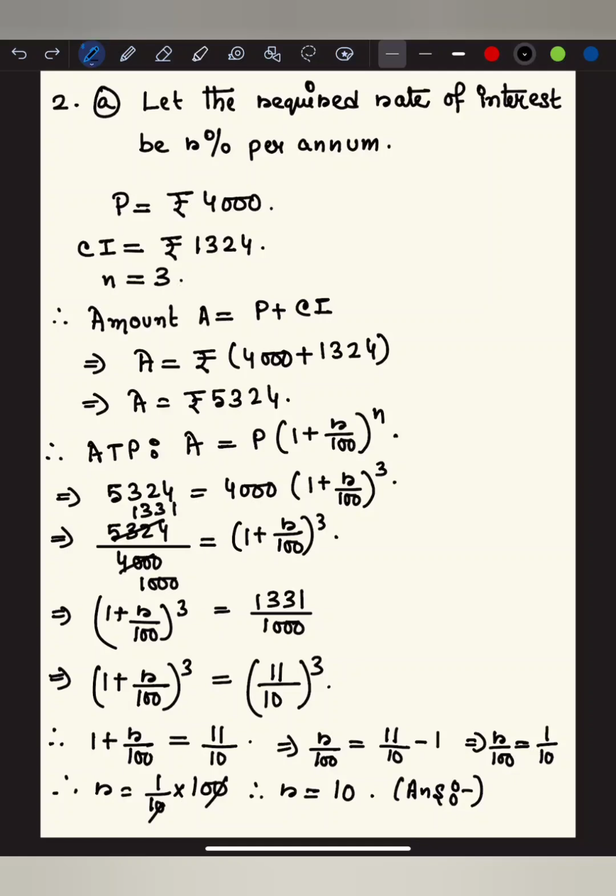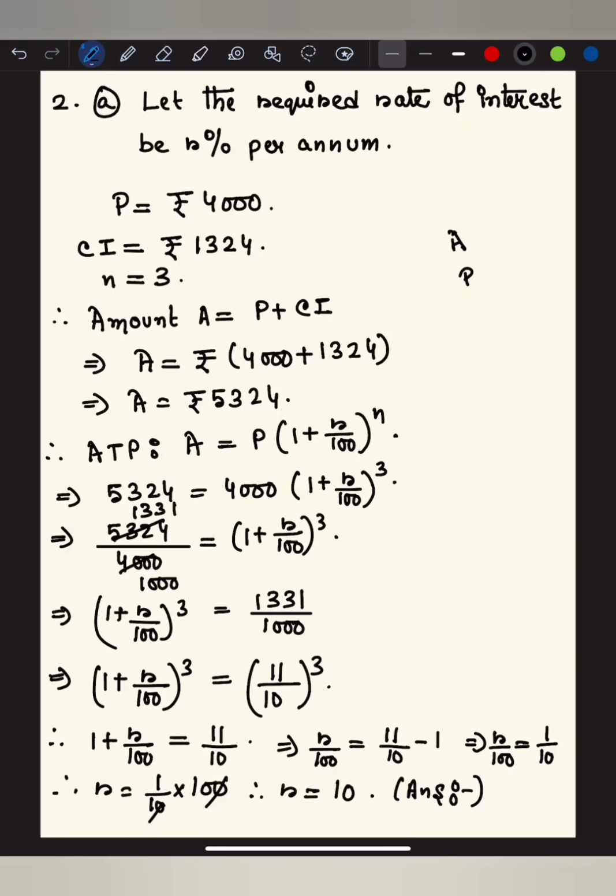Okay, so therefore amount equals what? From this principal and compound interest we can find the amount easily. So amount equals principal plus interest, which is rupees 4,000 plus 1324, which equals rupees 5324. Now we know the amount, we know the principal, and we know the number of years.